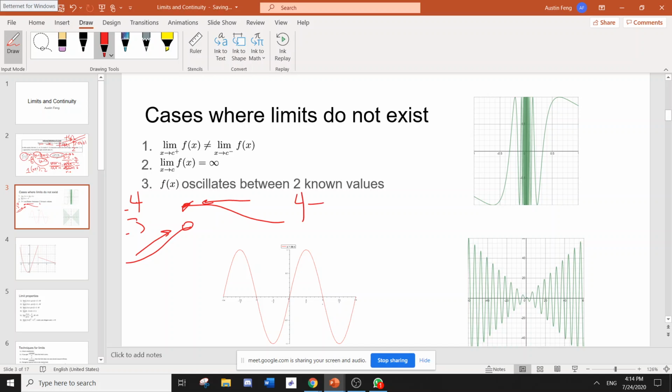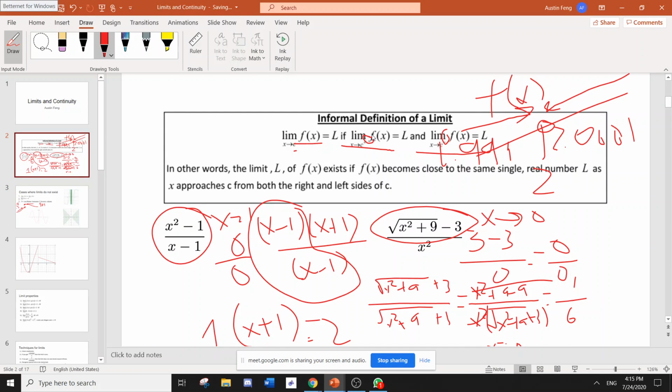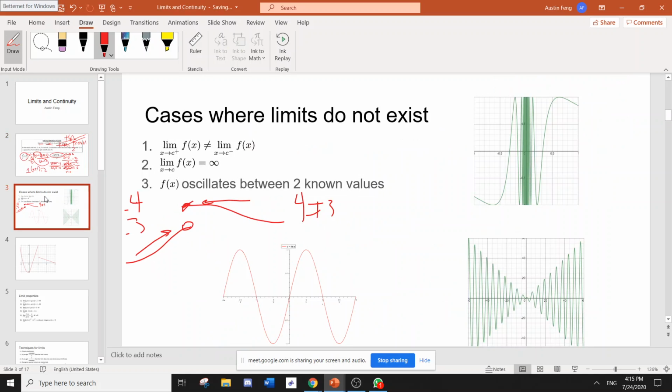Since 4 does not equal 3, the limit doesn't exist. This directly contradicts our definition, which is that the limit is L if the positive and the negative side are both equal to L.